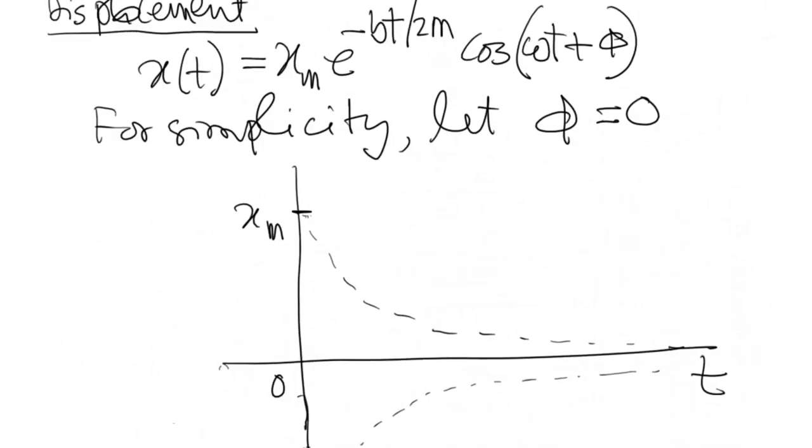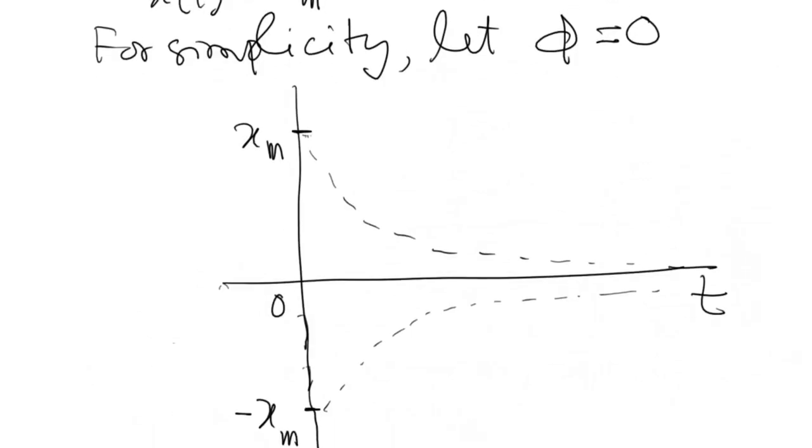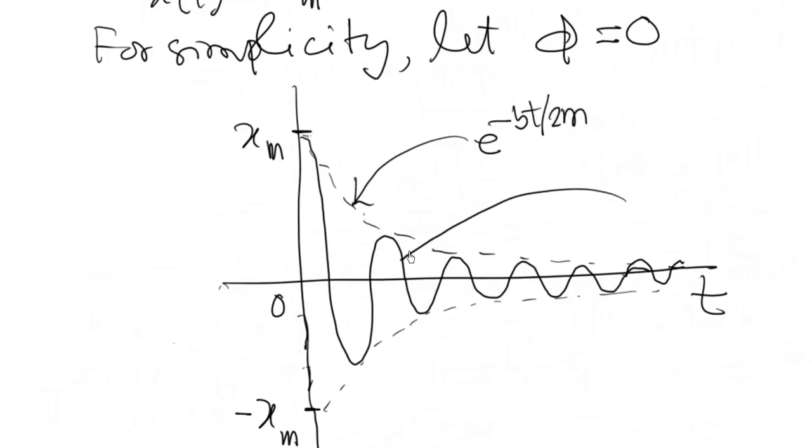So you see when phi equals 0, we'll have cos omega t. When t is 0, it is maximum, cos 0 is maximum. So this one is e to the power minus bt by 2m, and this is actually x of t.